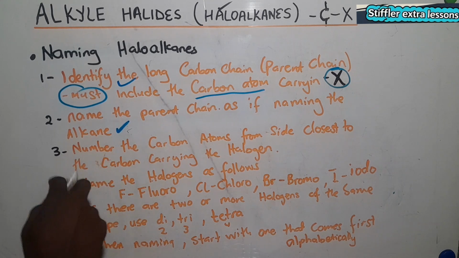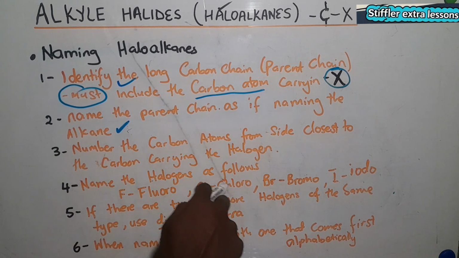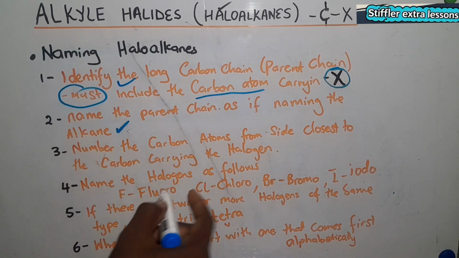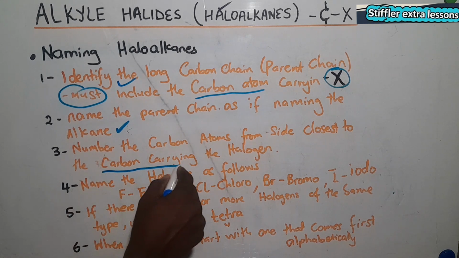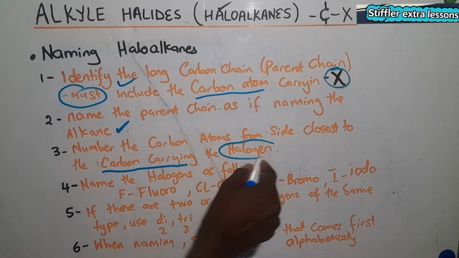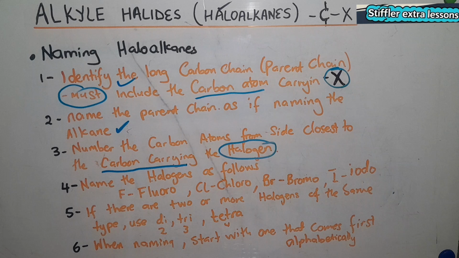And then you number your carbon atoms from the side closest to the carbon that is carrying the halogen. So you must always check where your halogen is, and when numbering your carbon atoms, you must start from the side that is closest to the carbon carrying the halogen. Then name the halogens as follows.